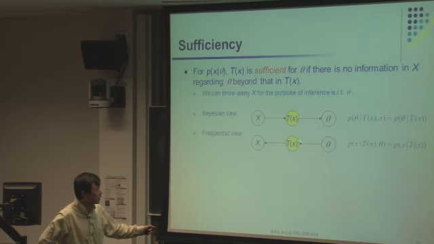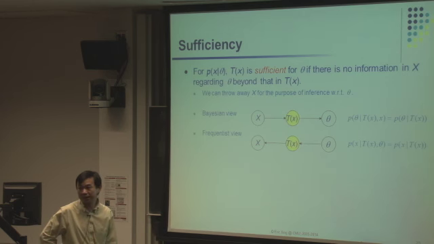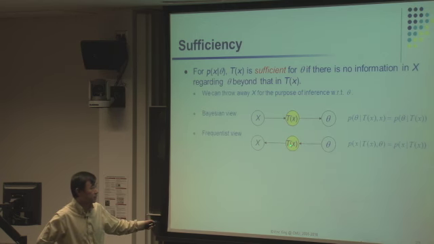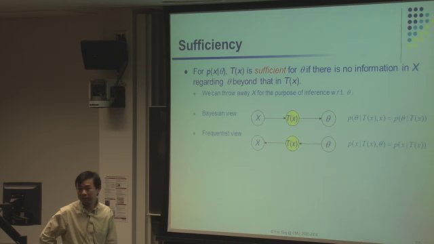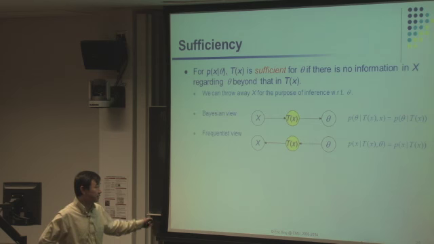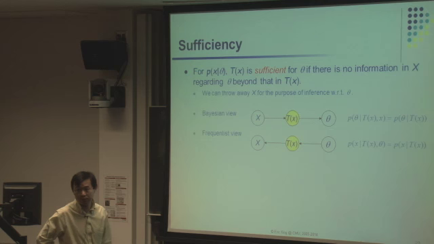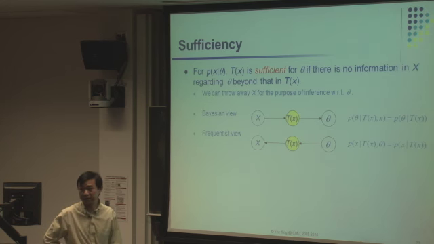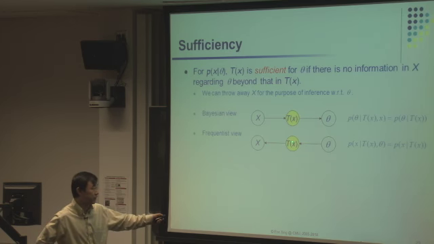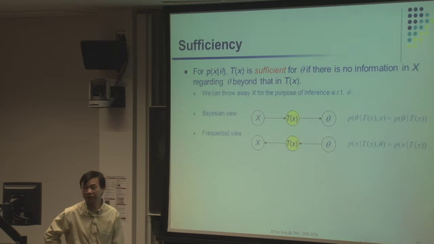Okay, this view is a little bit less useful because basically it tells you that storing the sufficient statistic is the same as storing the theta, even though what you actually really want to do with the data is probably to get some nice insight which are better reflected in the theta than in the sufficient statistic. Say a regression model, the coefficients give you more information instead of the counts where coefficients are computed from. But anyway, the dependency is pretty clear, that the sufficient statistic is sufficient to carry all the information.